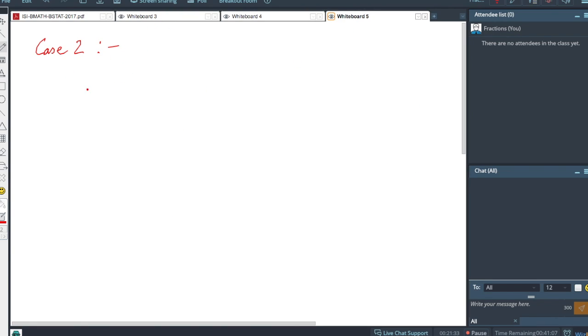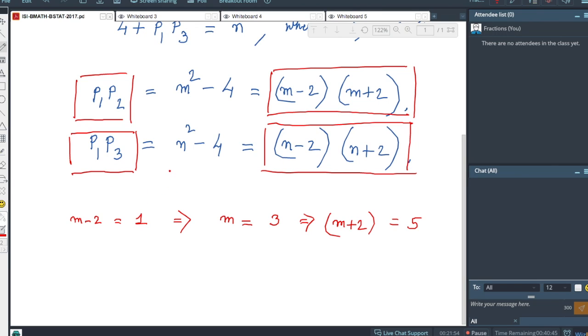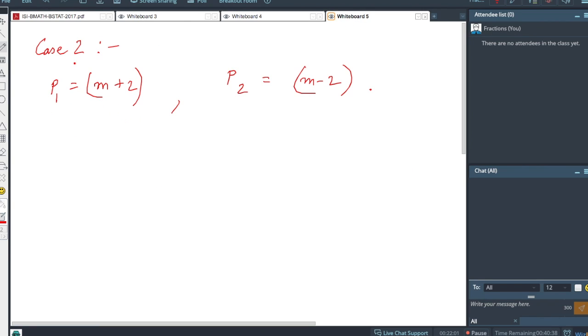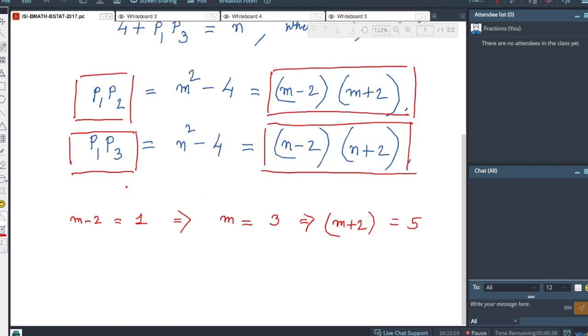So p1 is m plus 2, and naturally p2 is m minus 2, and looking at the product of p1 and p3, with the same argument as in case 1, since we have taken p1 to be m plus 2, p1 cannot be n plus 2 from the second equation.